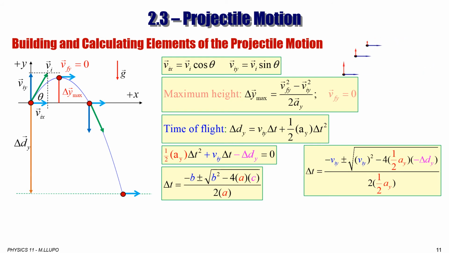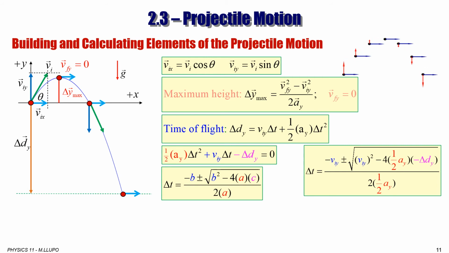Delta t is equal to minus v initial y plus or minus the square root of v initial y squared minus 4 times half of ay times minus delta y, divided by 2 times half of ay. So then you can have two values, one positive and one negative. You are going to ignore the negative value because negative time doesn't make sense, and you're going to take only the positive time.